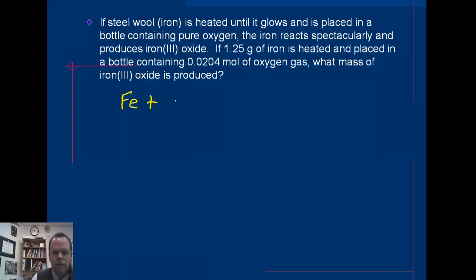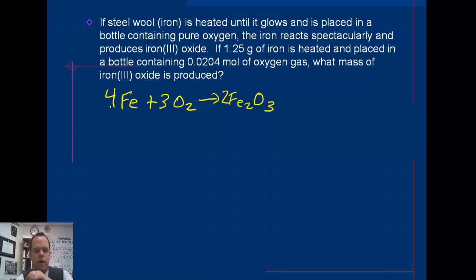Fe plus O2 forms Fe2O3. So our balanced equation: 4Fe plus 3O2 forms 2Fe2O3.